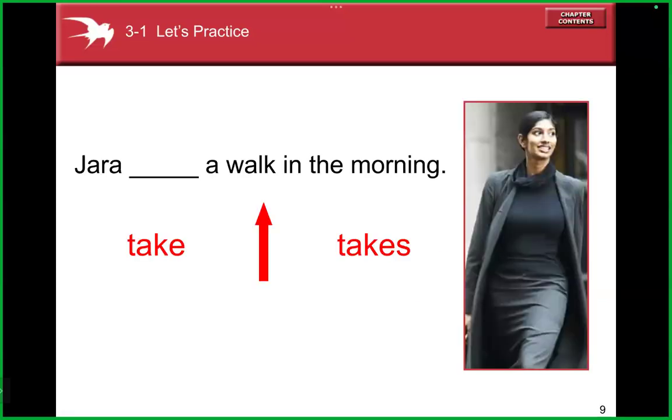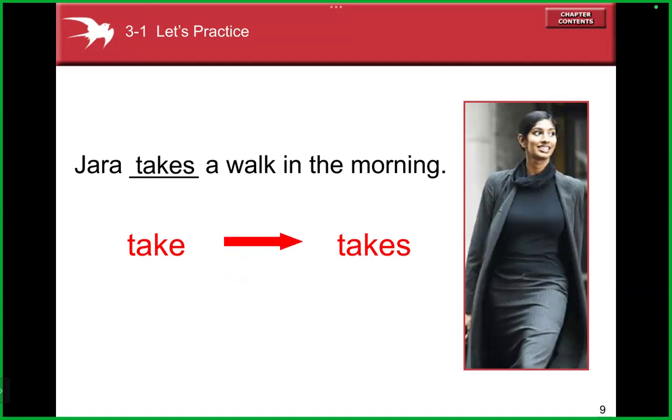This one, we have another verb, take or takes. Anyone? Take.